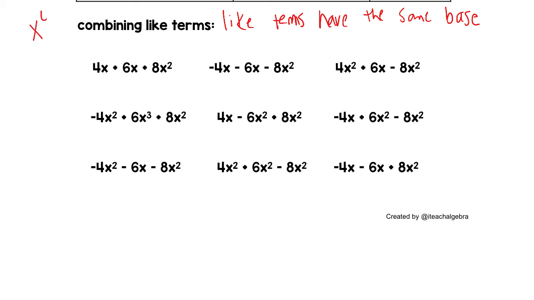So if I look at x to the t power, x is the base. So combining like terms have the same base and the same exponent. And t is the exponent. So base is the big one, t is the little guy.